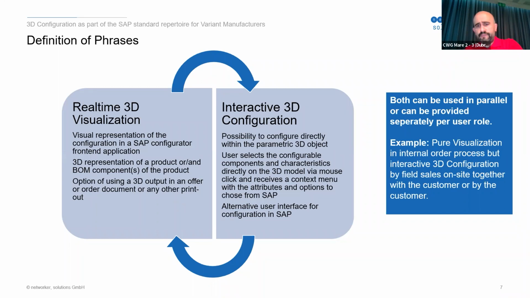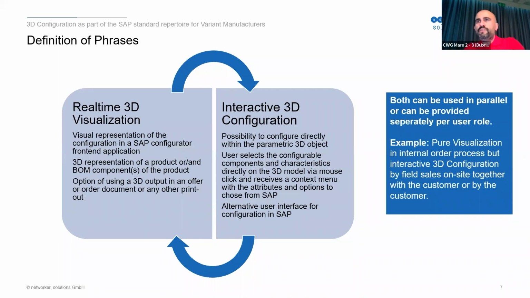On the visualization side, you have more the representation of the configuration, as seen in other examples in the market. You can put this 3D object later into a document or any kind of output, and you can visualize the whole part list and the configuration which is done.